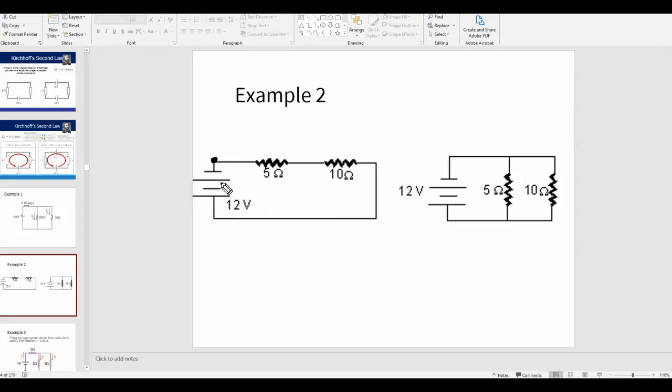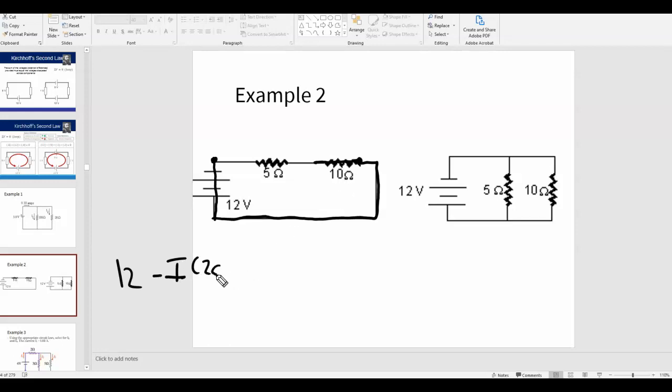Okay, so I don't know the current in the circuit, but I do know that if I start here and I add up the voltages, I'm going to go up 12 volts across this battery. I keep going. I'm going to go down some number of volts right here, and that's given by V equals I times R. I don't know what I is, but I know the resistance there is 10 ohms.